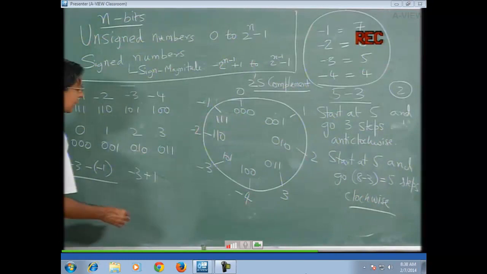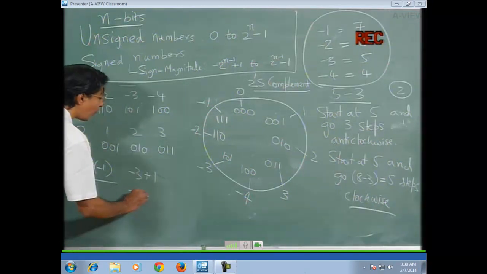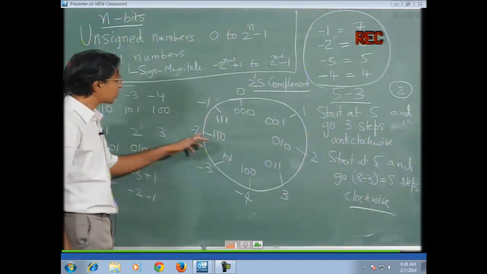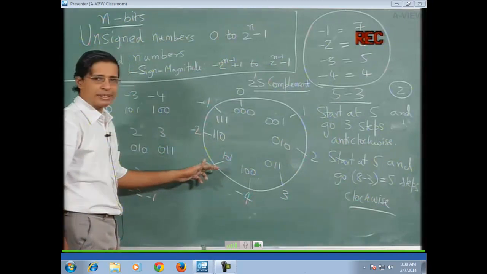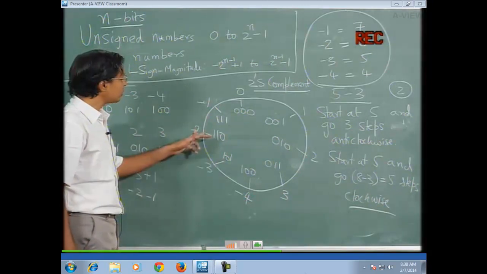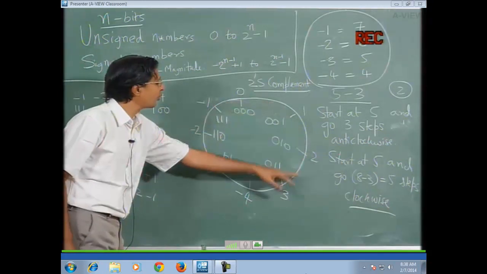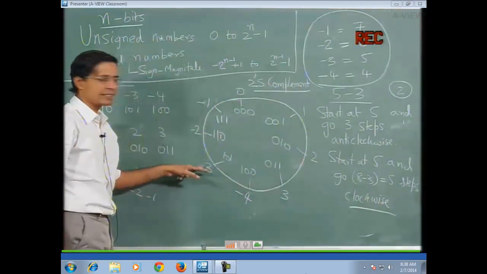Suppose I want to do -2 minus 1. -2 minus 1 is nothing but from -2 go 1 step anti-clockwise, or do 7 steps clockwise. So 1, 2, 3, 4, 5, 6, 7, I get -3.